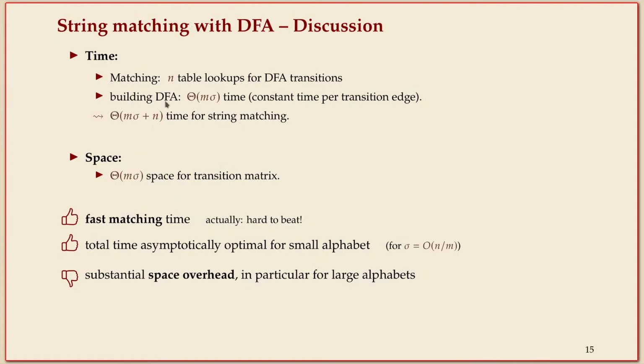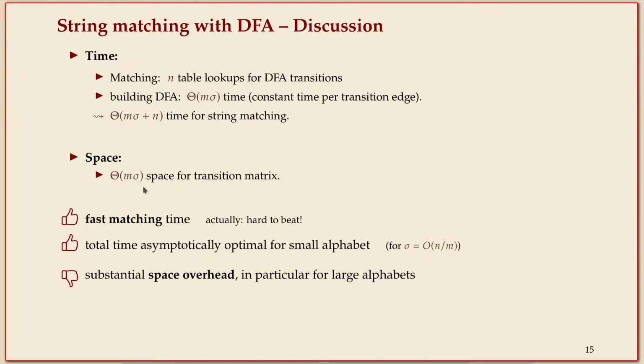The time for building the DFA is a little less clear, but you can essentially do it in the time needed to produce the table. That's again, if you follow from the video, copying the column is proportional to the number of copied elements, and updating the state X and producing the new matching edge is also constant time each. So the total time is m times sigma. Sigma is the size of the alphabet, right? That's the number of rows in the table that you have. Plus n for the matching part.